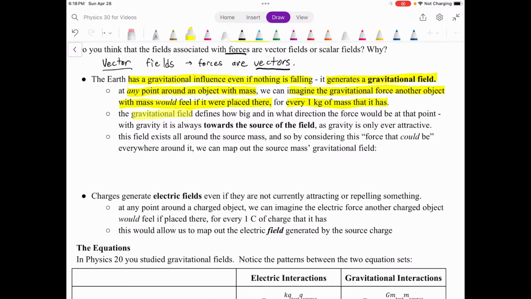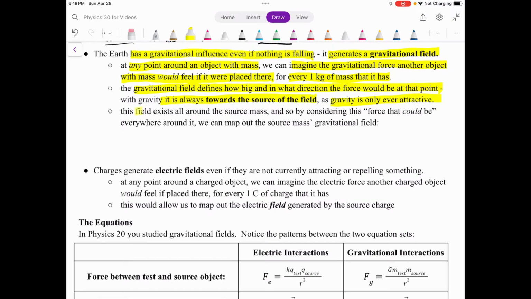So the gravitational field defines how big and in what direction the force would be at that point. Now with gravity, it's always towards the source of the field, right? Gravity never pushes things apart, it only ever pulls them together. Gravity is only an attractive force, right? And so this field exists all around the source mass. By considering this force that's waiting to happen, or this force that could be if we put something there to feel it, all around it, we're mapping out the source mass's gravitational field.